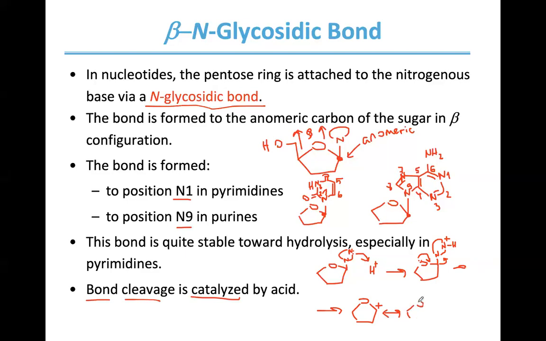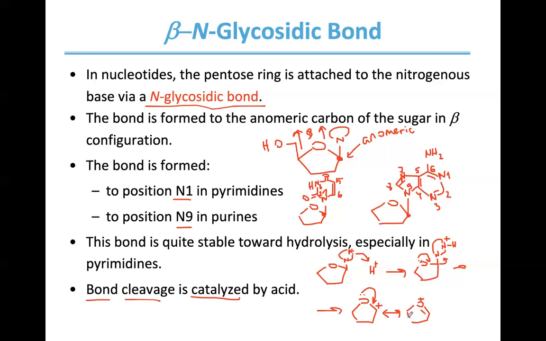I mean, that's why the anomeric carbon is reactive, because there is resonance stabilization from the oxygen. And remember, in this resonance structure, all atoms have an octet of electrons, right? So here we have an electron deficient carbon. Here, everybody has an octet of electrons.